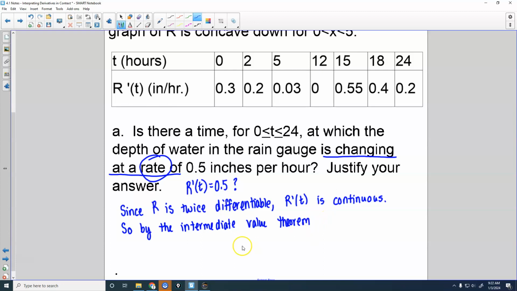So I'm going to say, by the intermediate value theorem, since R prime of 12, which equals 0, is less than 0.5, which is less than 0.55, which equals R prime of 15.